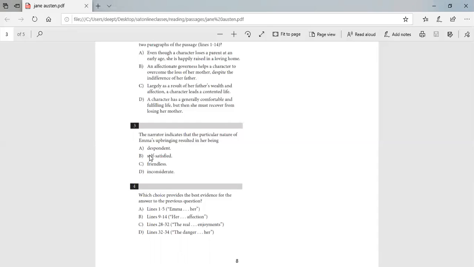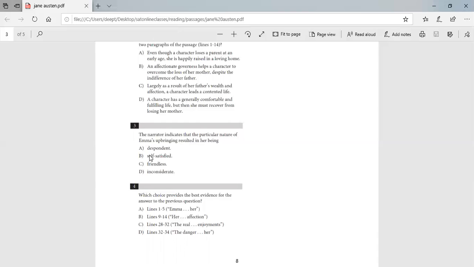No, that is not given. She loves herself does not mean she hates others, right? That's something like vice versa, which doesn't work for SAT. So even D cannot be the answer. Yes, which brings us back to B, and that's the correct answer, self-satisfied. So option C of question number 4 is leading you to option B of question number 3.